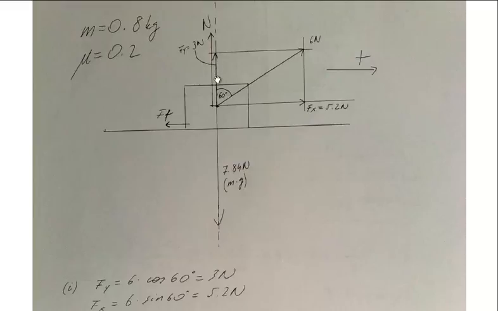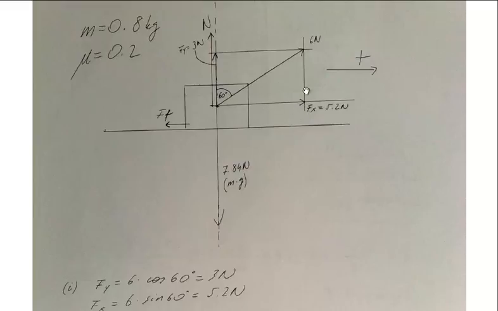and this is adjacent of this angle, so f sub y is equal to 6 times cosine of 60 degrees, because this is 0.5, this is 3 newtons.